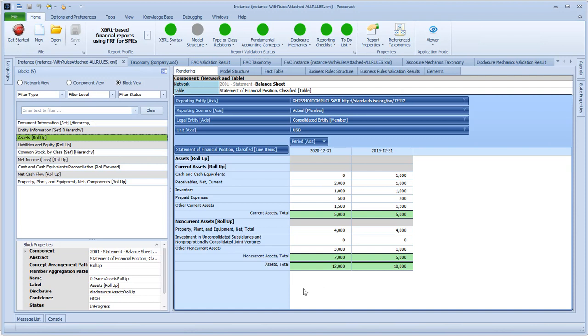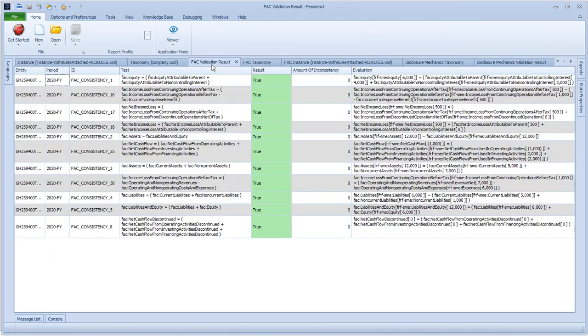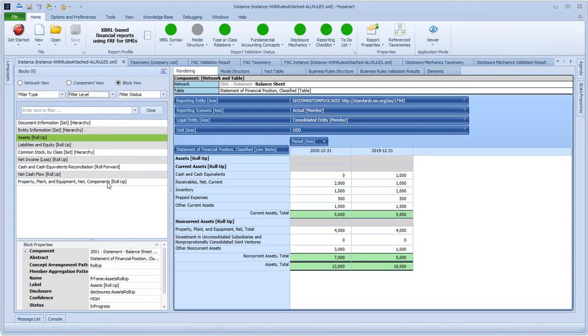And so there's a contradiction between a disclosure and the balance sheet, because they say one thing in the disclosure and they say something different, because we know that it's always the case that assets equals liabilities. Assets equals current assets plus non-current assets. And here we have a rule that checks that. So it shows that there are no contradictions between these fact sets.